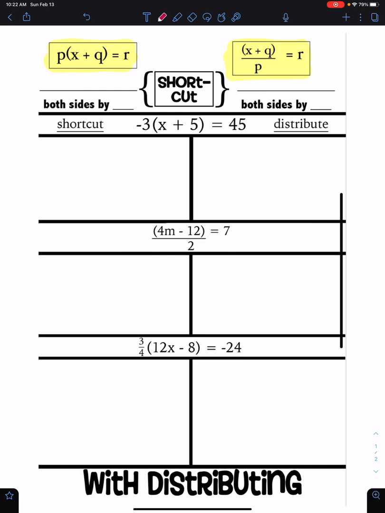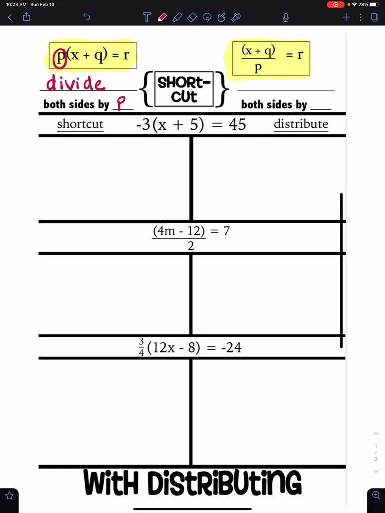So we have this p out in front, and there will be more numbers in an actual equation that you're solving. This one is just all with variables to show you algebraically what to do. You can either distribute that p value, or you can divide both sides of your equation by p.